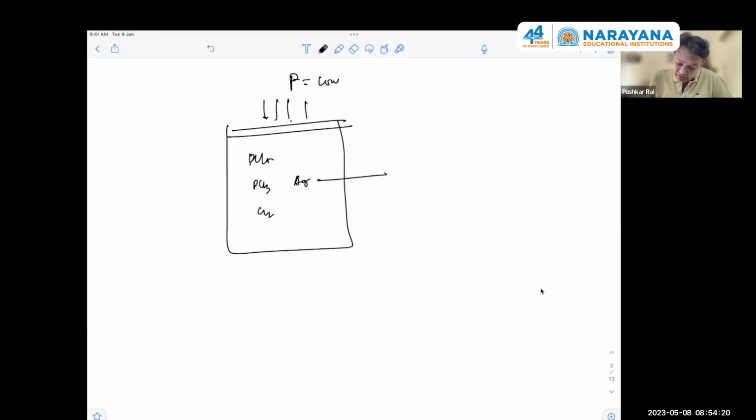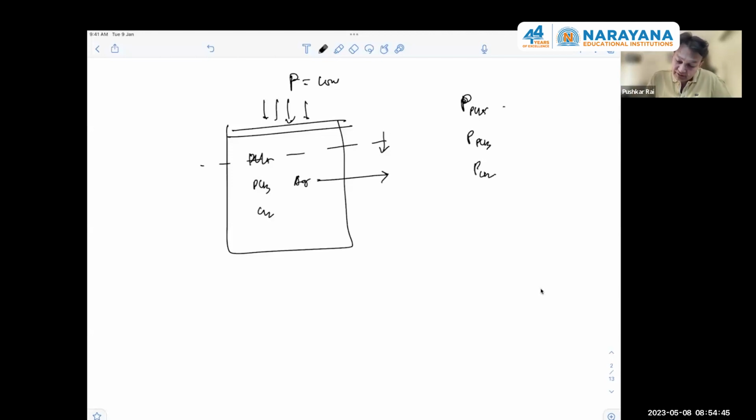And you're removing it while keeping the pressure constant. So what will happen? Definitely the piston will come down. And when the piston comes down, all the pressures, pressure of PCl5, pressure of PCl3, pressure of Cl2, all will jump by the same factor.